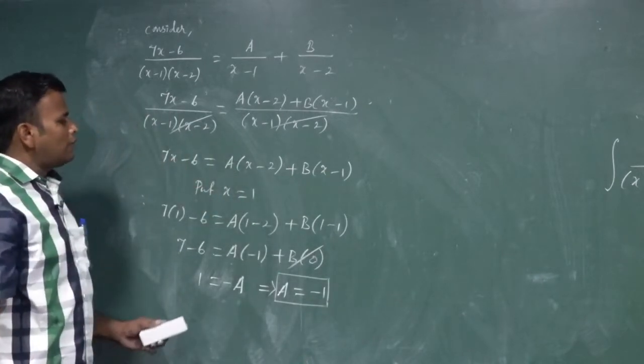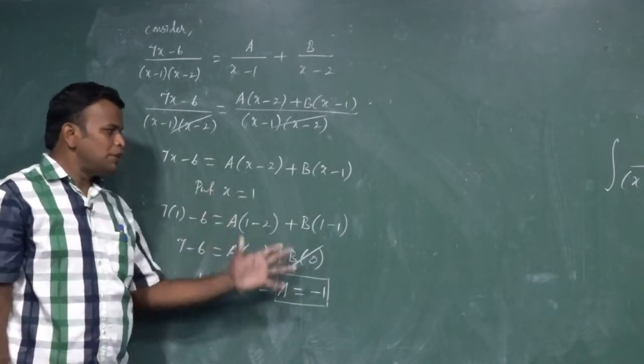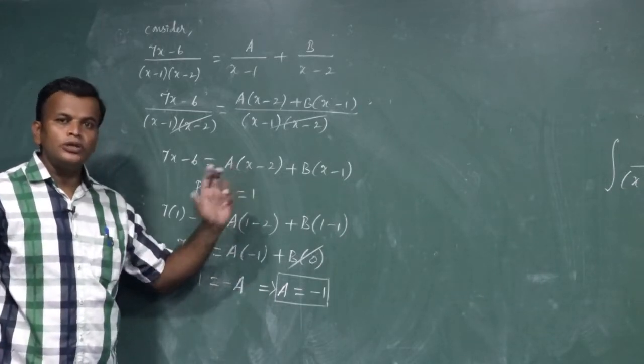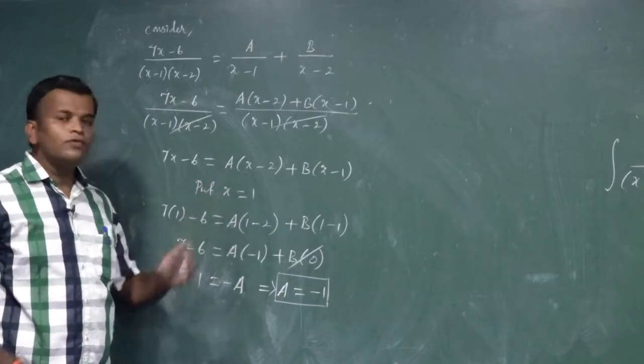Next, which value of x do we put to find the constant b? Easily, we put the value of x equal to 2, and a vanishes.